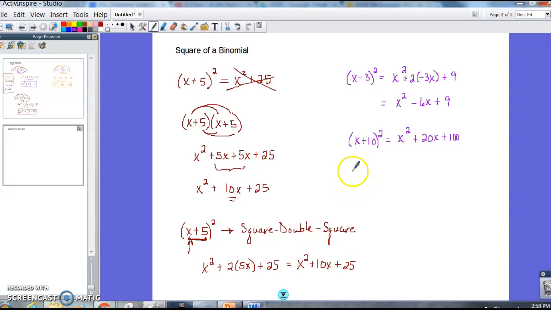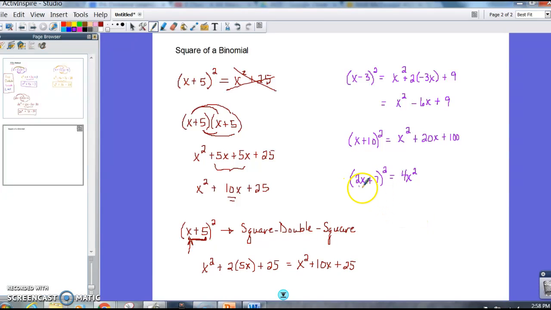Okay, so what happens if we end up with something like this? (2x + 7) squared. So now I have this 2 in front, and sometimes that freaks people out. But you're going to follow the same method. Square, double, square. Square the first term. So (2x) squared, 2x times 2x gives you 4x squared.